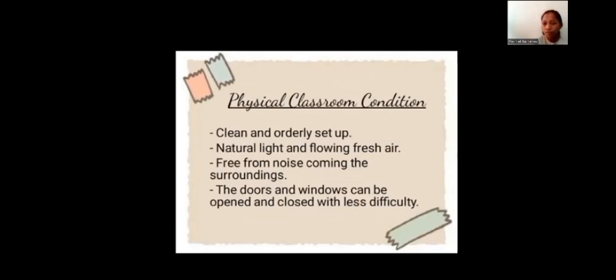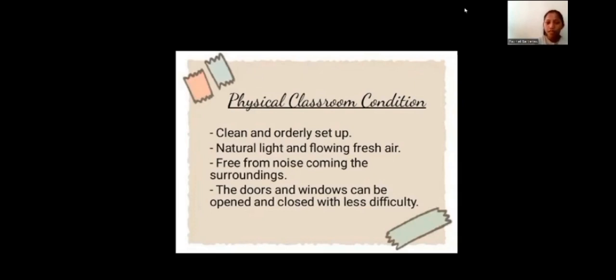The classroom must be clean and orderly set up. As we can see, in all the classrooms we always maintain the cleanliness and the orderliness of the chairs and the tables, right? The materials are well-organized. And then the classroom must have natural light and flowing fresh air.